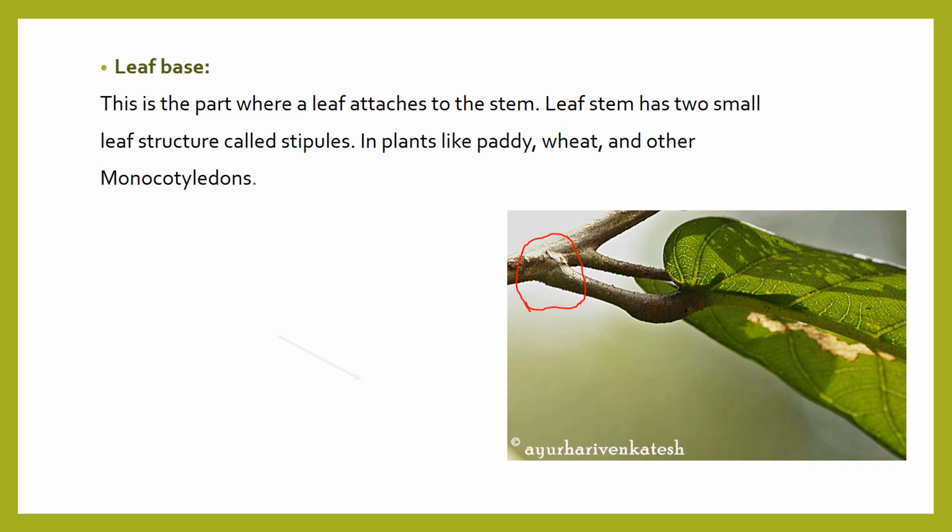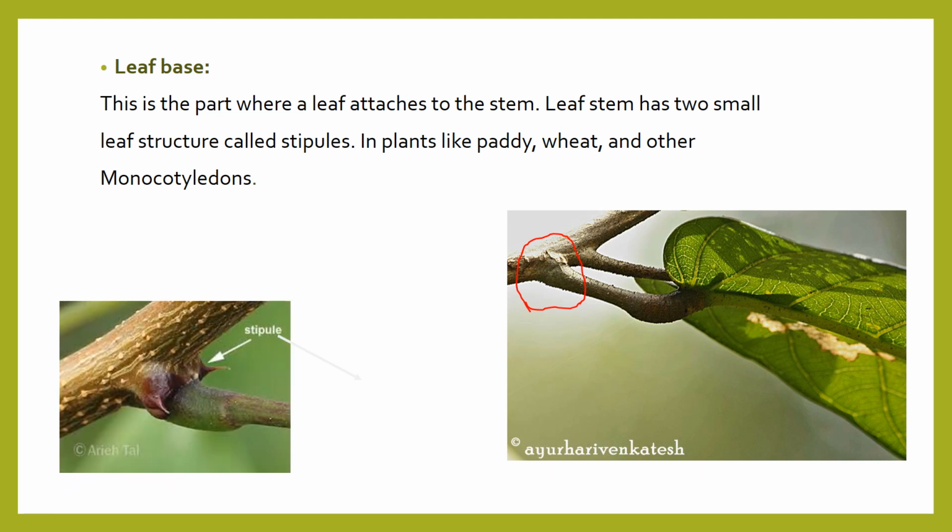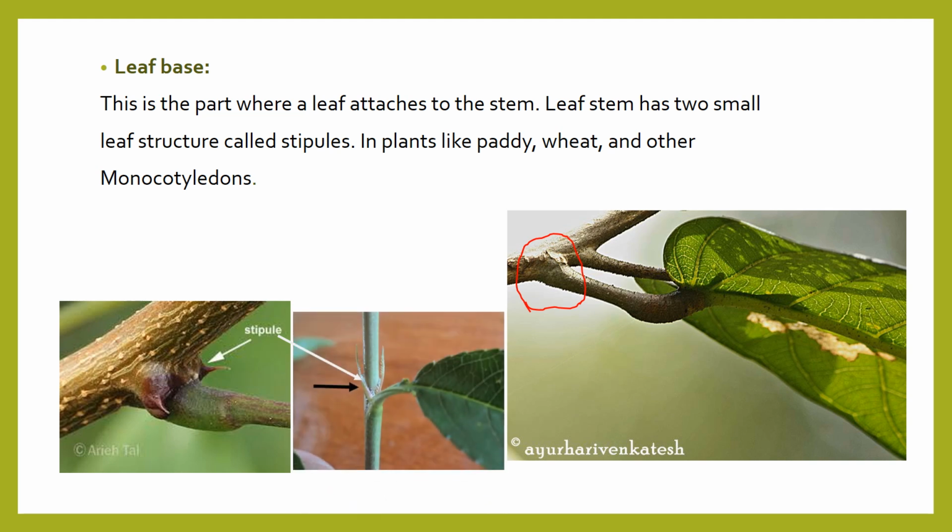The leaf base has two small leaf-like structures called stipules, as in this picture. They are found in some plants like paddy, wheat, and other monocotyledons.